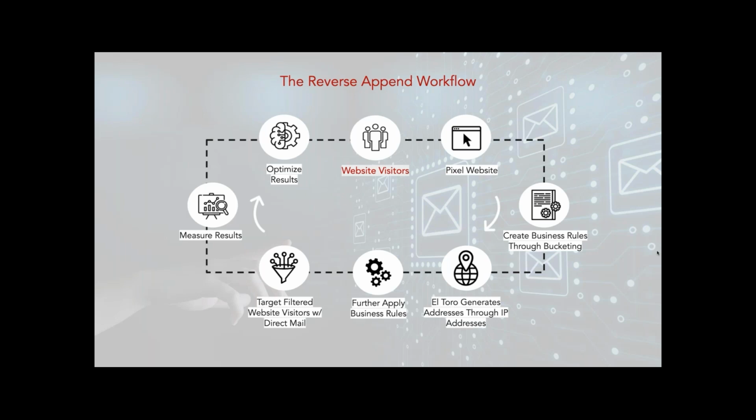And should I look at those smaller water bottles and say, hey, maybe I need a different creative to inspire that person looking at that smaller water bottle to buy the bigger one? There's a lot of different ways that you could look at this as a business. But I'm going to go ahead and pass this over to Mari, and she'll be able to really explain more about how Reverse Append is set up and how to create your own business rules.